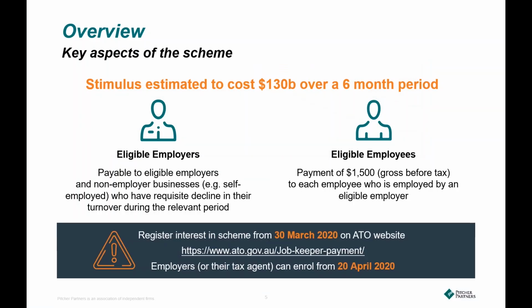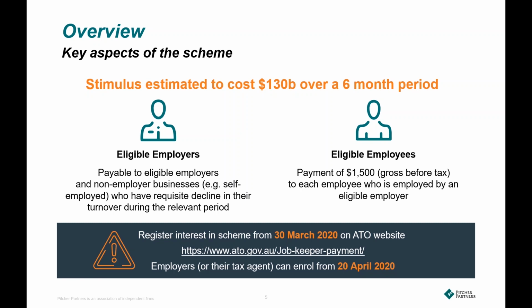So just a brief overview, first of all, about the key aspects of the JobKeeper scheme. As I'm sure we're all aware by now, it is a COVID-19 stimulus measure that's estimated to cost around $130 billion over the next 6 months. We need to focus on eligible employers and eligible employees. The JobKeeper payments will be made to eligible employers and non-employer businesses, such as self-employed persons who have the requisite decline in their turnover during the relevant period.